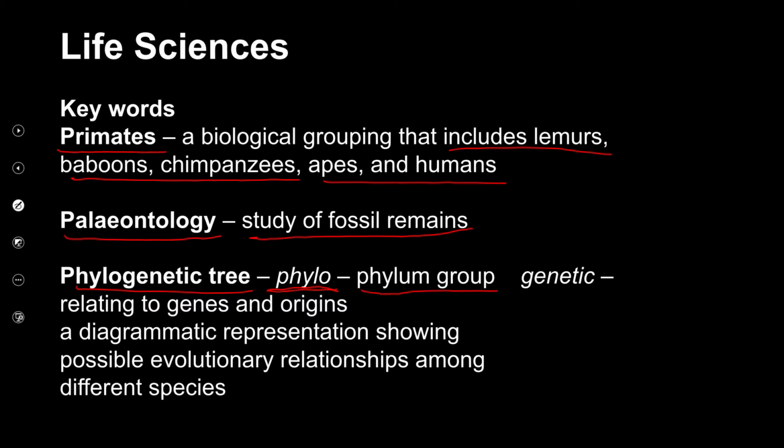So we see the different groups that are related, and genetic means relating to genes and origins. That is basically what the tree represents. It shows the possible evolutionary relationships among different species, so we can see how closely or how far they are related.